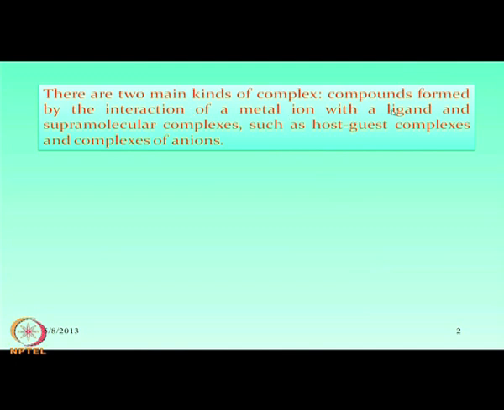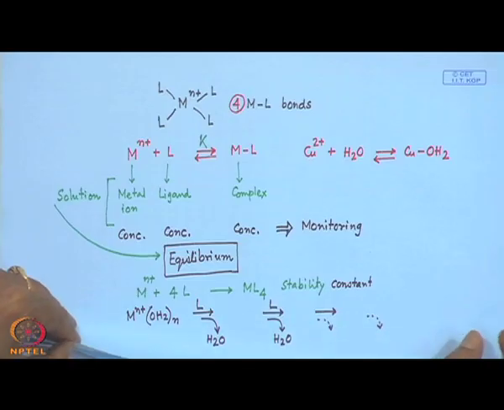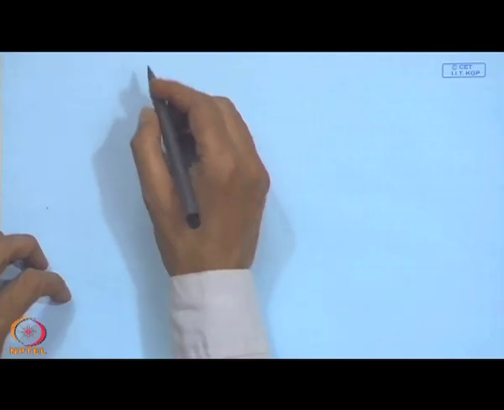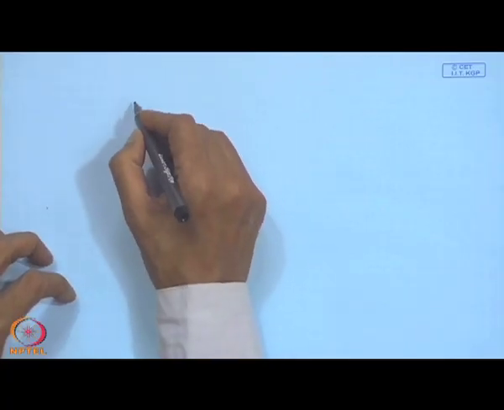In these cases we can have two kinds of complexes. When metal and ligand are forming, it is one complex, and the supramolecular complexes such as host-guest complexes and complexes of anions.